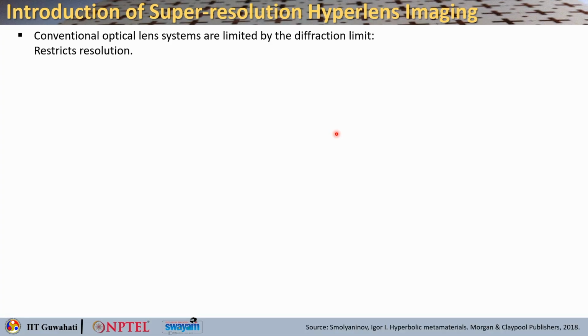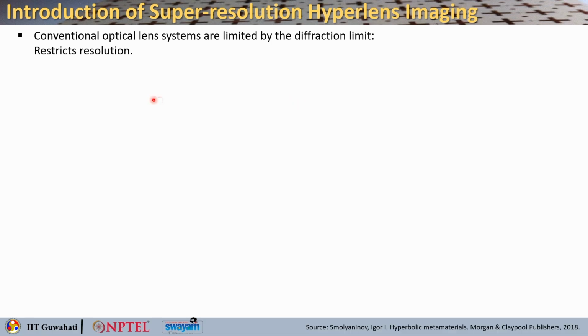Normally optical microscopy is significantly used in many fields such as microelectronics, biology and medicine. And conventional optical lens systems, as we know, are also limited by the diffraction limit that basically restricts the resolution.